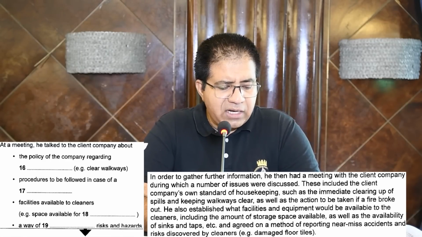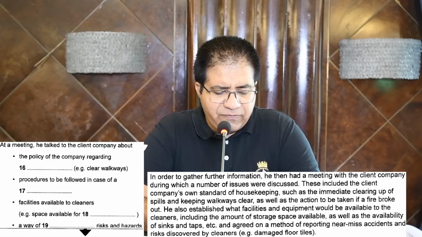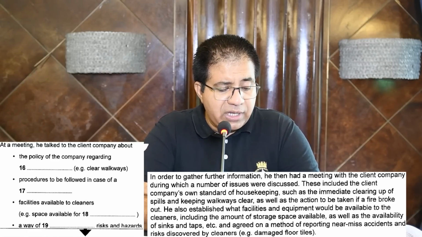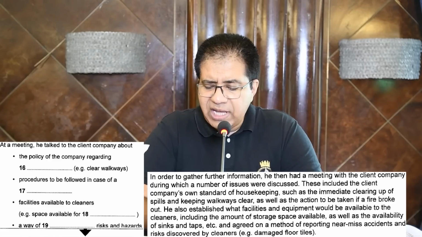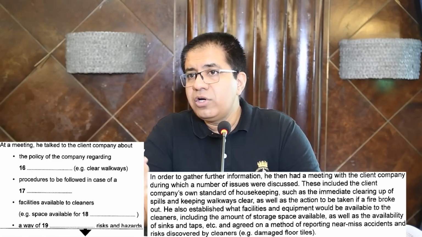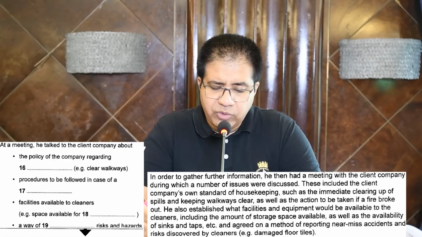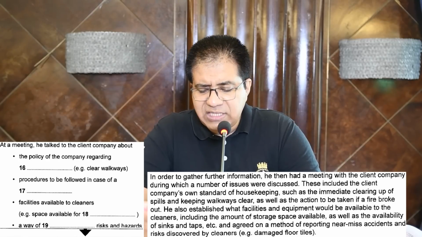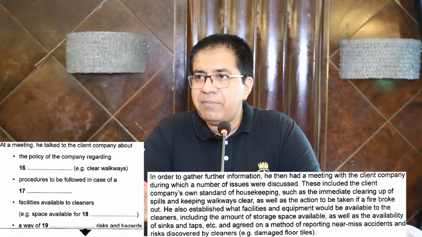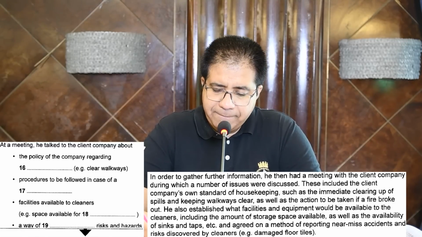So, third paragraph, fourth last line, he also established that facilities and equipment would be available to the cleaners, including the amount of storage space available for storage. So the right answer is storage, and then they mentioned storage space available. Storage space available means space available for storage. Right answer is storage.